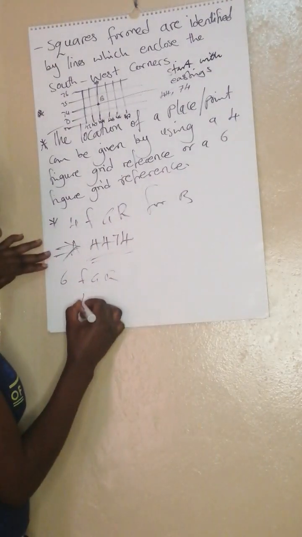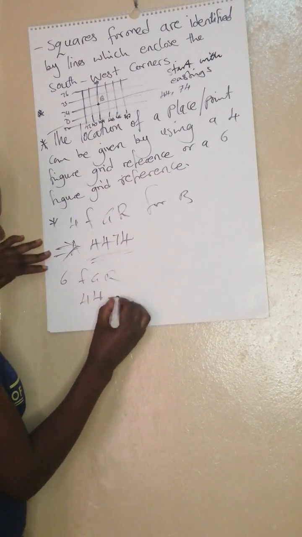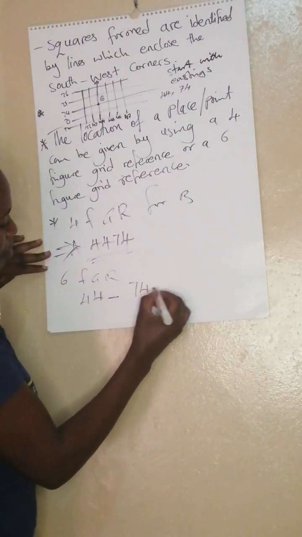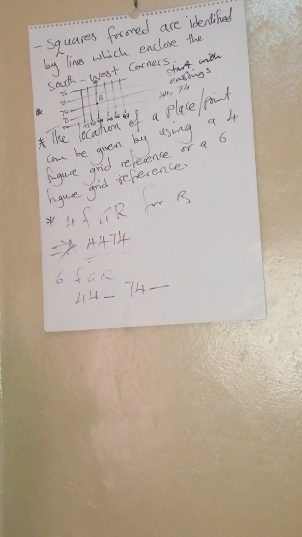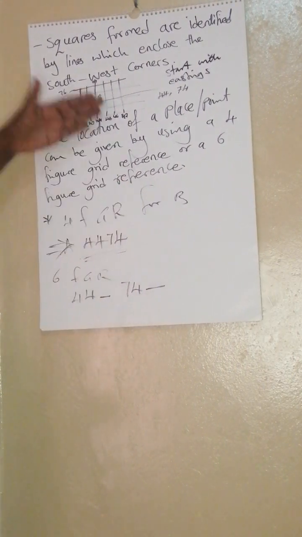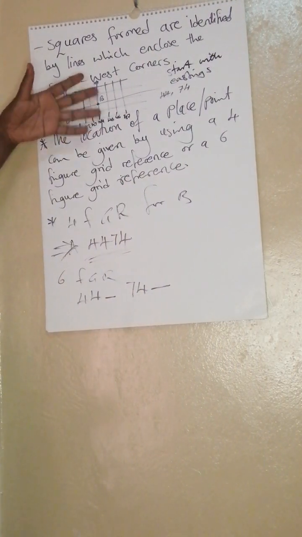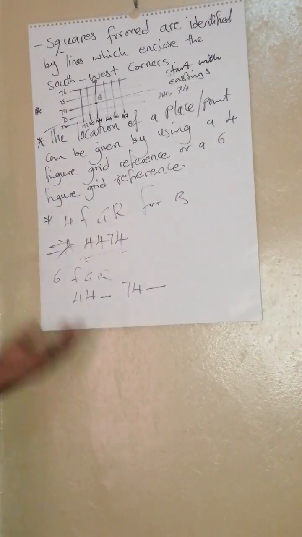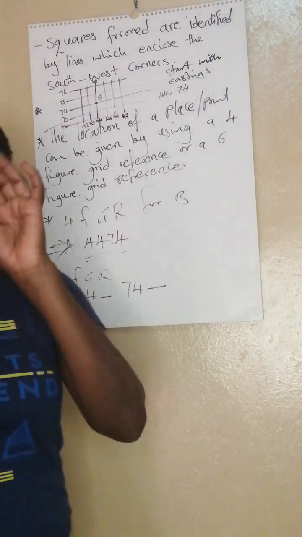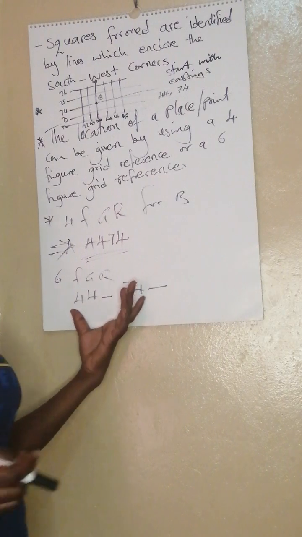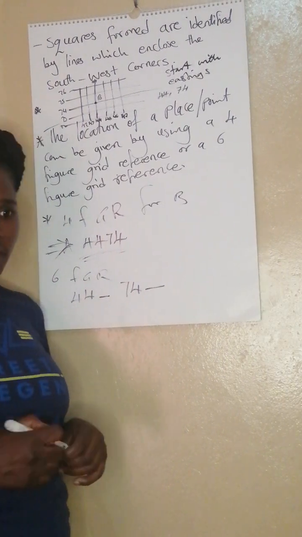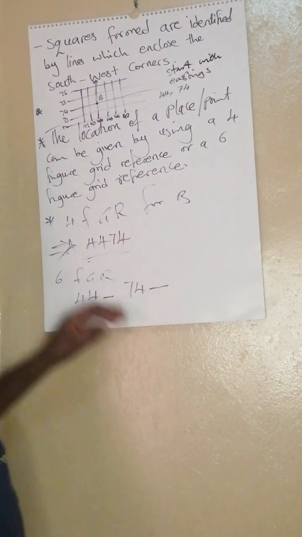Therefore, we'll have 3 numbers for eastings and 3 numbers for northings. If you identify the location with the 4-figure grid reference, then getting the 6 figures will be easy. How do we find the 3rd number for eastings and the 3rd number for northings?